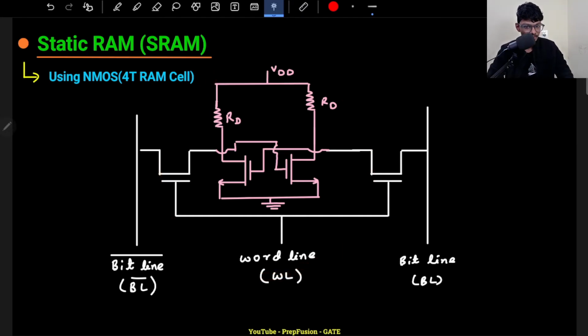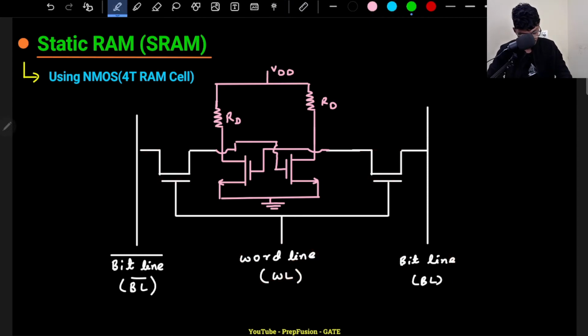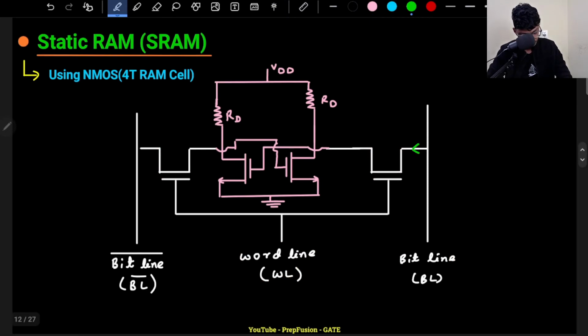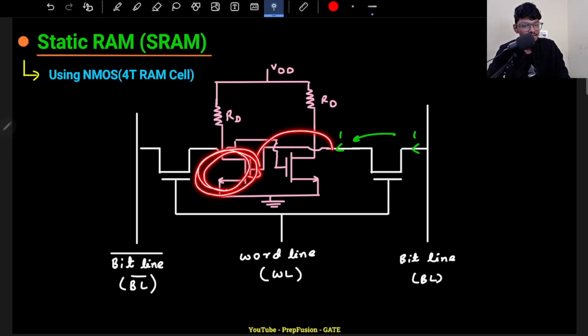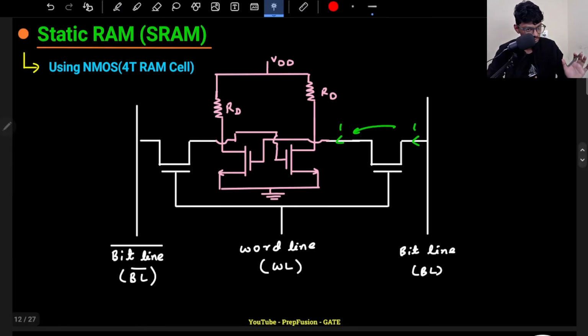Now, how do we pass the value? Here, first of all, this word line has to be active. If this word line is active, these pass transistors will be active. If these are active, let's say this bit is 1, then obviously this pass transistor logic will pass this 1 here, and to the input of S or R, I will get 1 here, and this 1 will be simply passed and I will get the output.